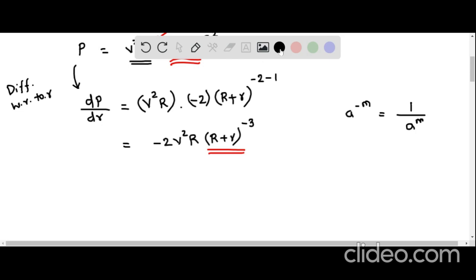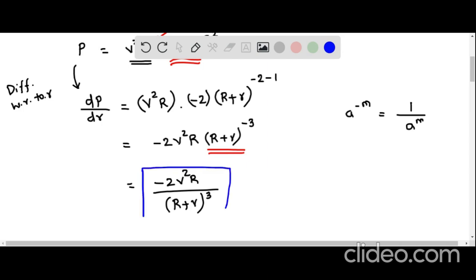So when we apply this exponent law, we can rewrite this expression as negative 2 v squared R over (R plus r) to the power 3. So this is the final expression for the derivative of p with respect to the lowercase r.